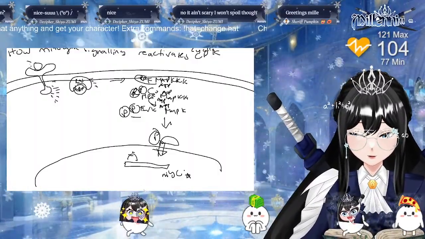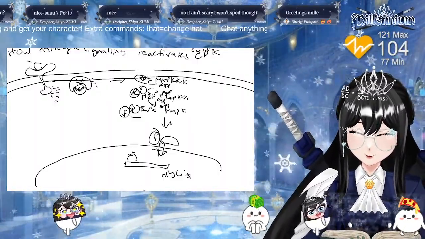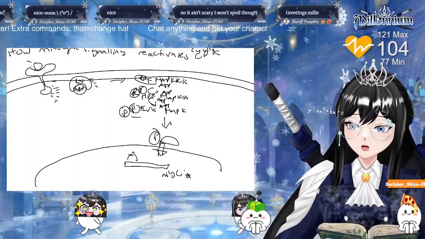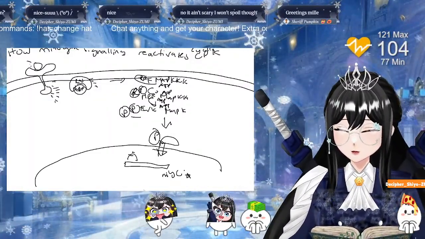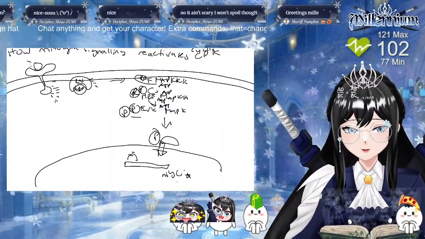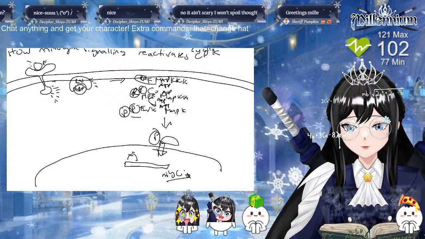MYC. Whoa. My goodness. MYC drives the delayed response gene regulation, aka promotes transcription of cyclin D. So MYC, again, this one is mitogen.